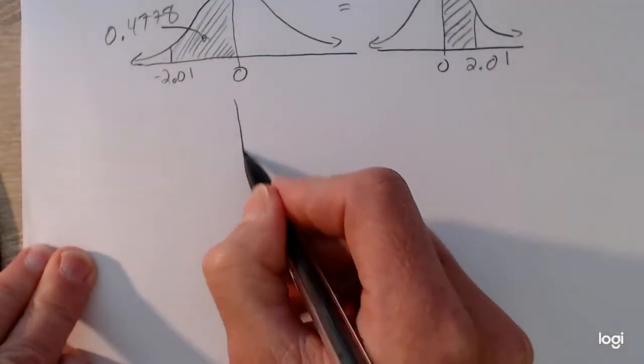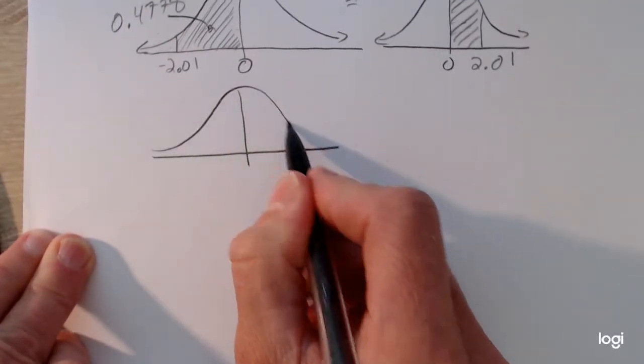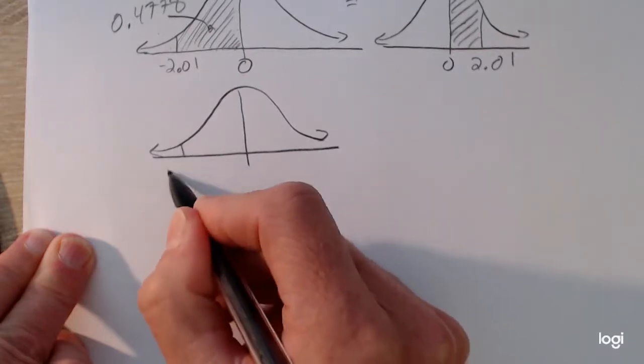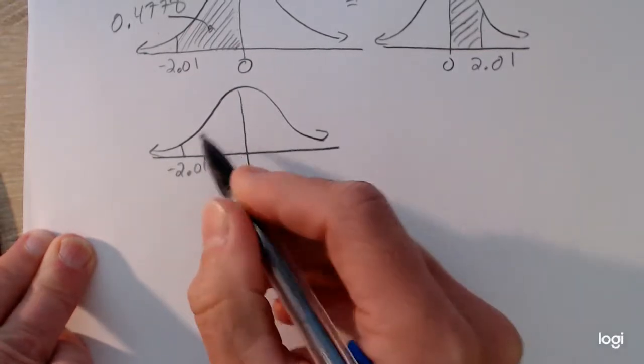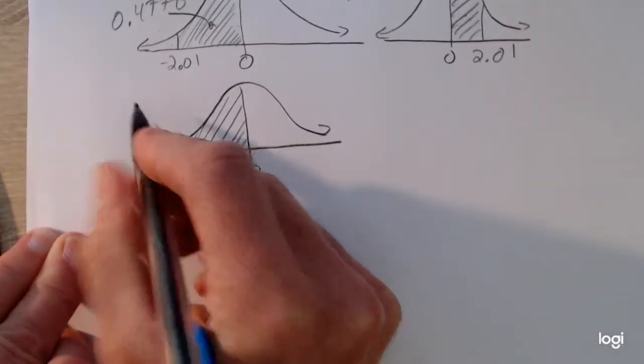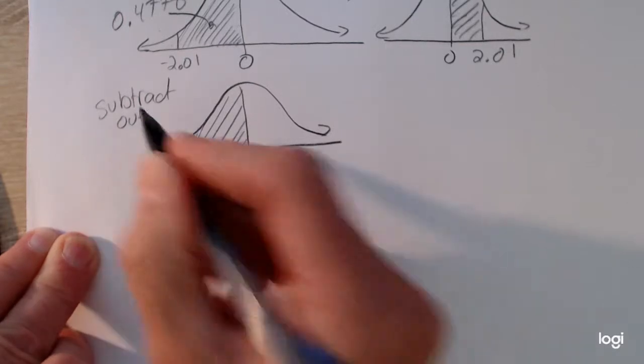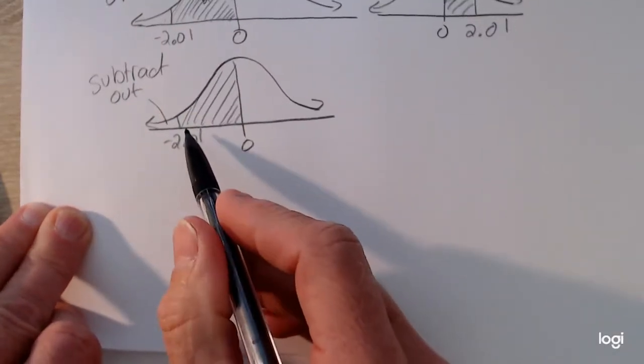So using the other table, resketching this real quick, I've got negative 2.01, and I want this area here. I'm going to find this and subtract this out from 0.5.